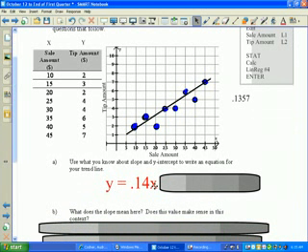Now remember, the equation of a line is y equals mx plus b. So we need our b value. Looking at our table, we don't have a 0 to represent my x values.